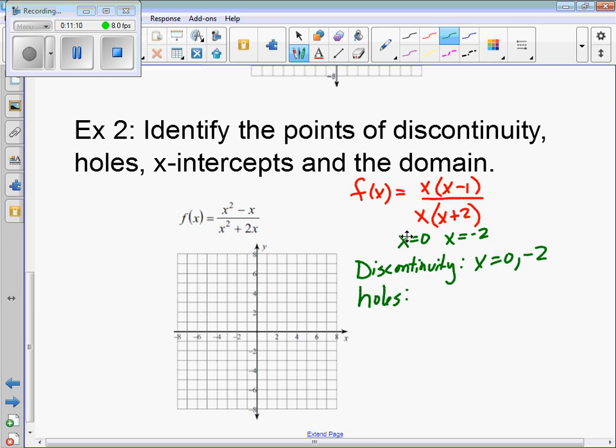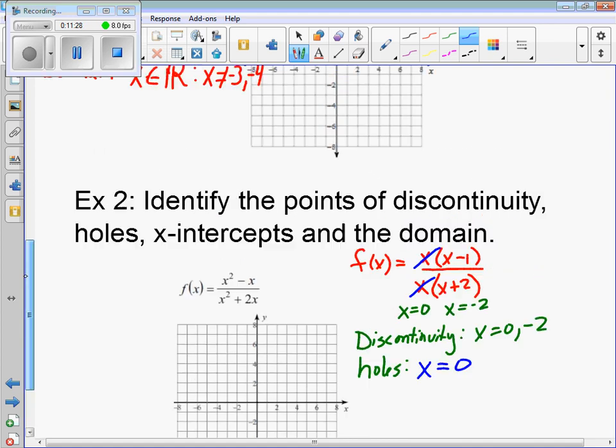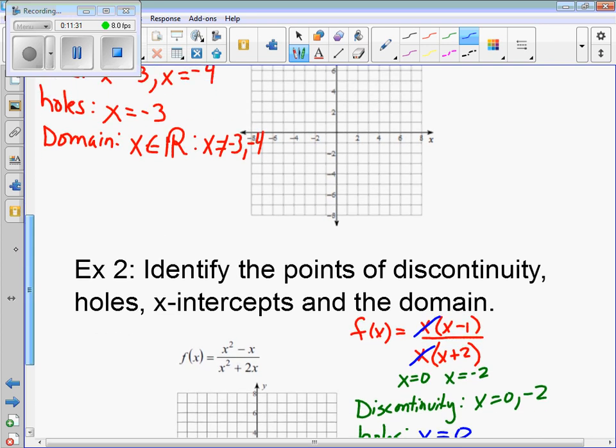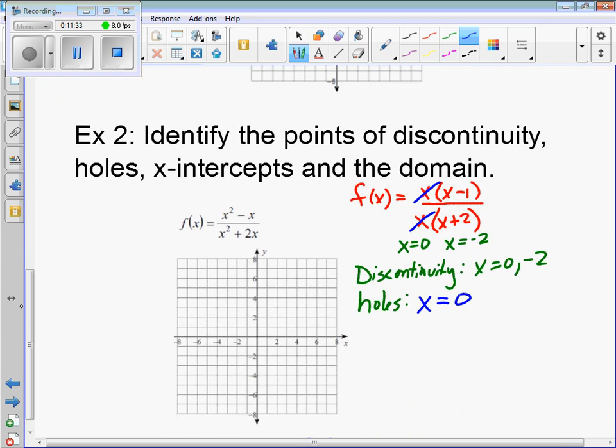There sure is. We have our x factors, so our hole is at x equals 0. Then our x-intercept, don't worry about those. I'll do domain next. Domain is always all real numbers, and then just list that x cannot equal your denominator zeros: 0 and negative 2.